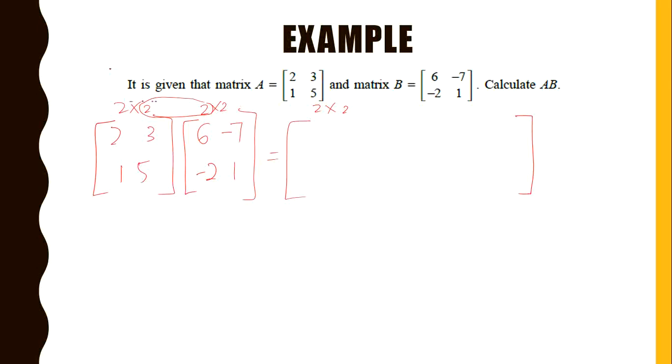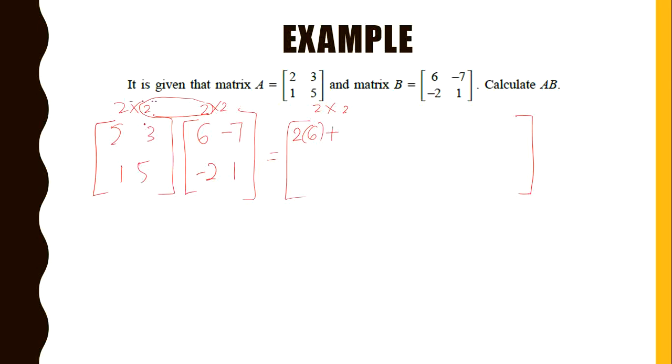Okay, tengok. Matrix ni, elemen yang pertama, dalam row pertama and kolom pertama, darab dengan elemen pertama, kolom pertama, row pertama. Okay, 2 times 6, nampak? Yang ni, times yang ni.